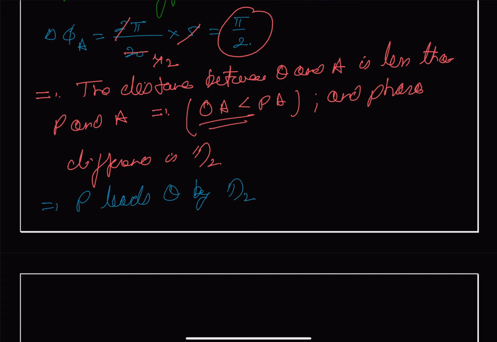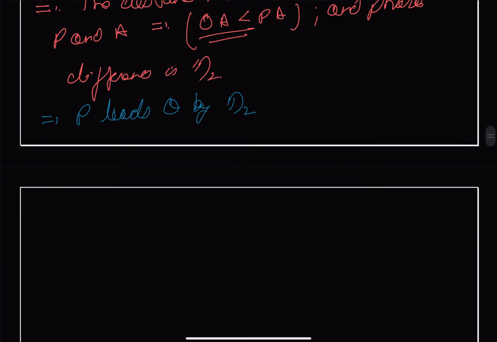So we are going to find out the net phase difference. Let us call that delta phi net because of A, and that will be equal to pi by 2 minus pi by 2, which is equal to 0.